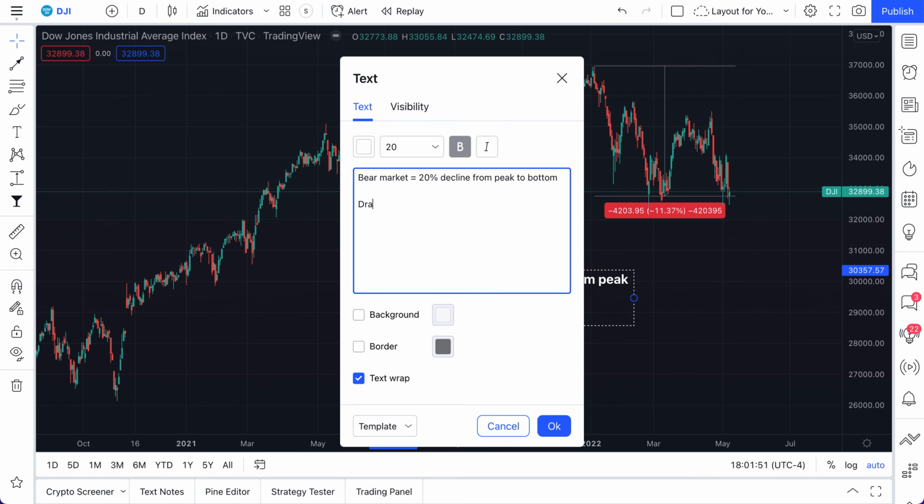Now, a drawdown is a way of just measuring peak to bottom. It doesn't have to be 20%. A drawdown could be any percentage drop from peak to bottom. Peak to bottom, any percentage. And when you hear us say correction, it's the same thing as a drawdown, but generally corrections are measured in 5% and 10% peak to bottom moves.